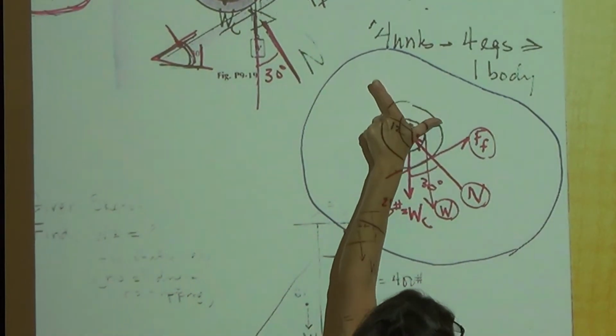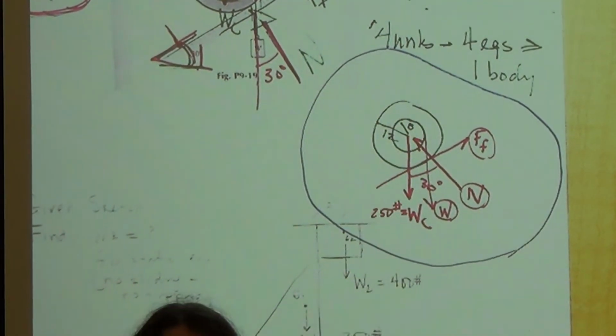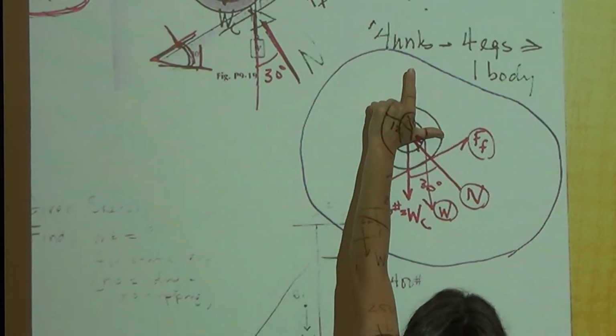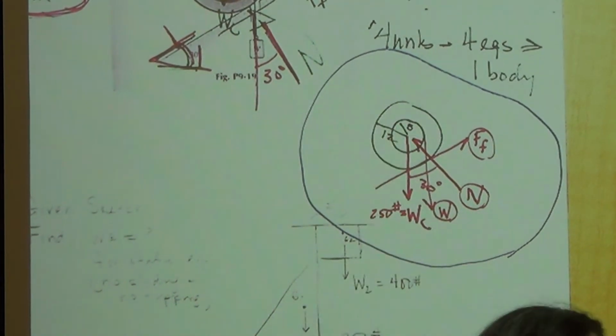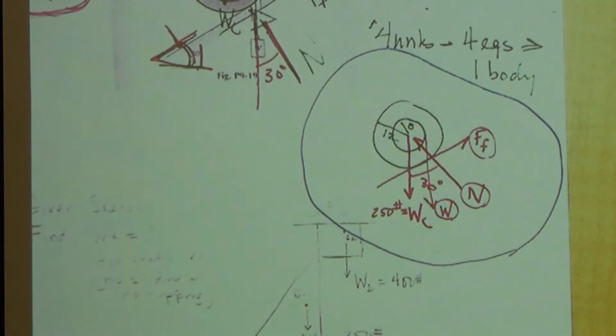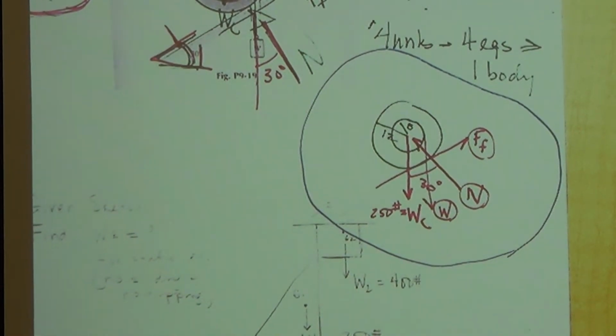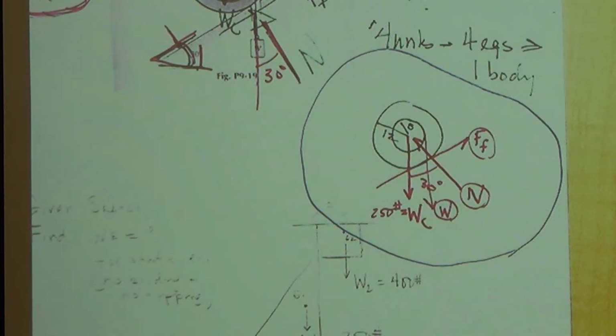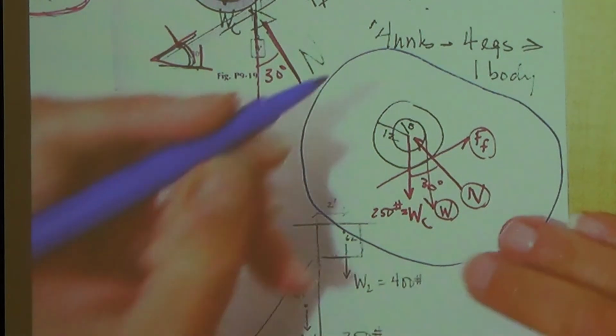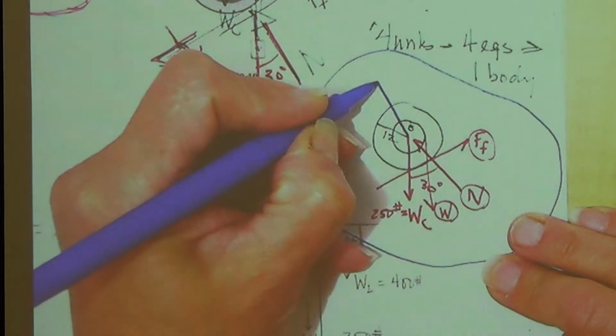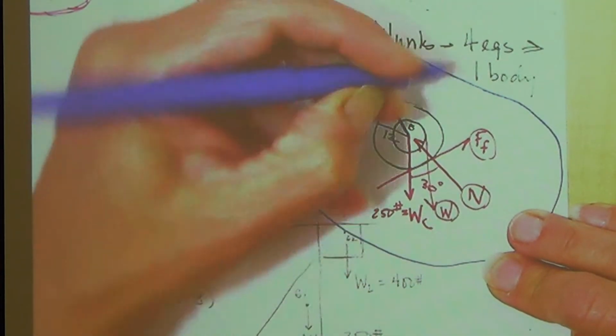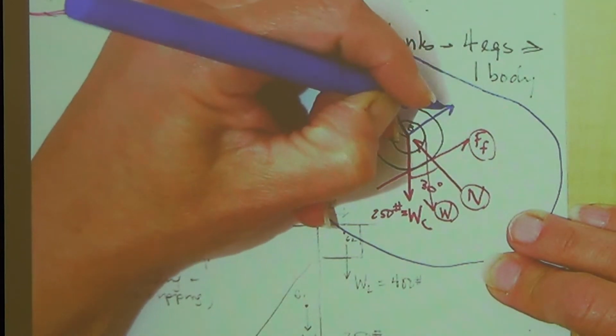So I would agree with Aaron, but it doesn't matter. You can do it like this, you can do it like this. You're trying to orient your axis in a direction that'll decrease the amount of work you have. So let's say that this is my Y, and this is my X.